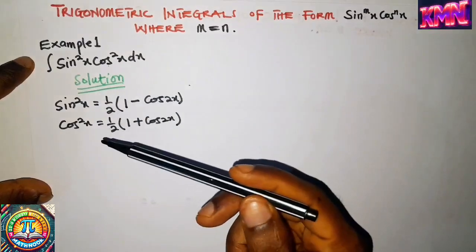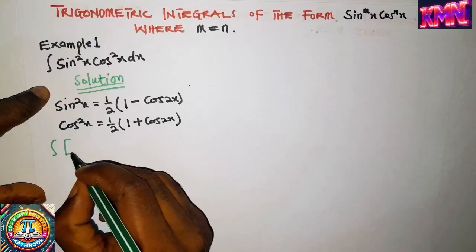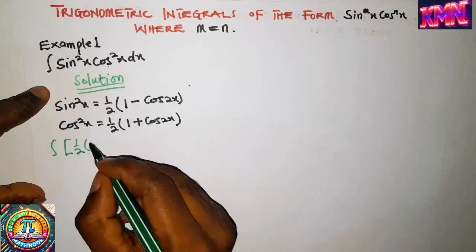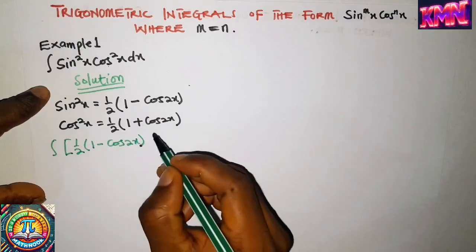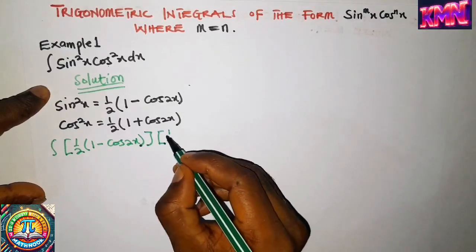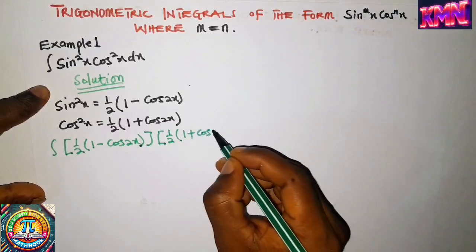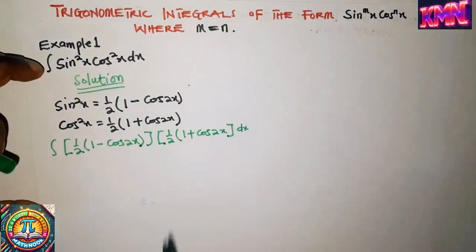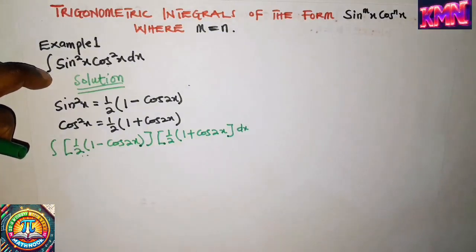So our integral now becomes half bracket 1 minus cosine 2x, multiplied by half bracket 1 plus cosine 2x, dx. At this stage, we can choose to multiply the constants and factorize that out.